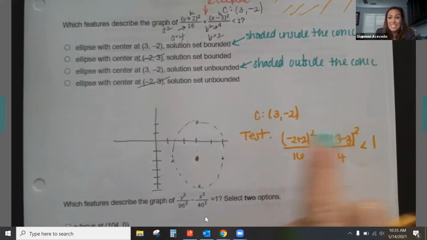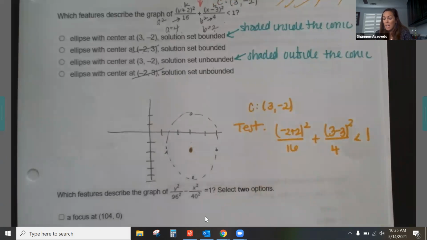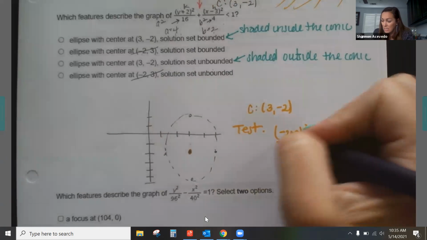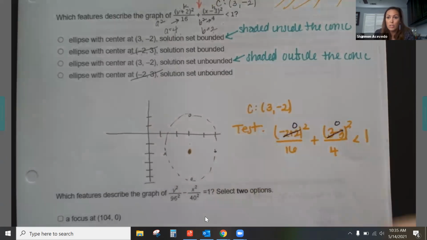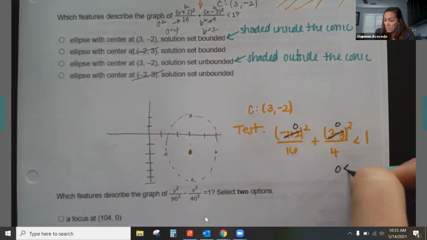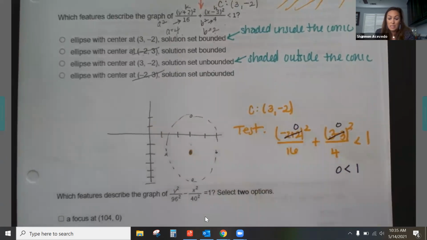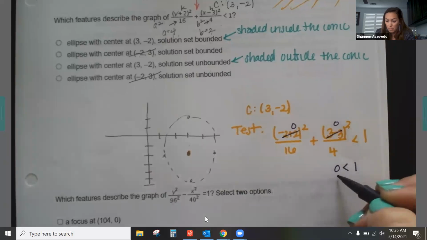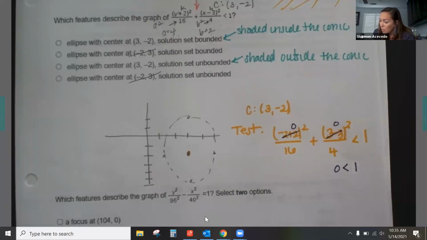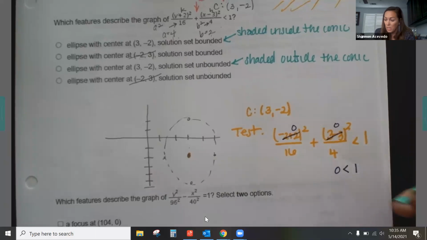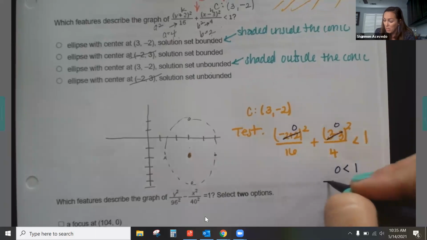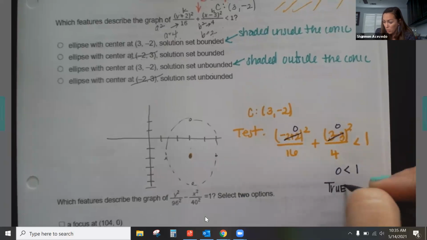When I use the center, it's always going to give me a value of 0 here and 0 here. So when I add it, it's really just 0 less than 1. Is that true or false? Well, 0 is less than 1. This is true.